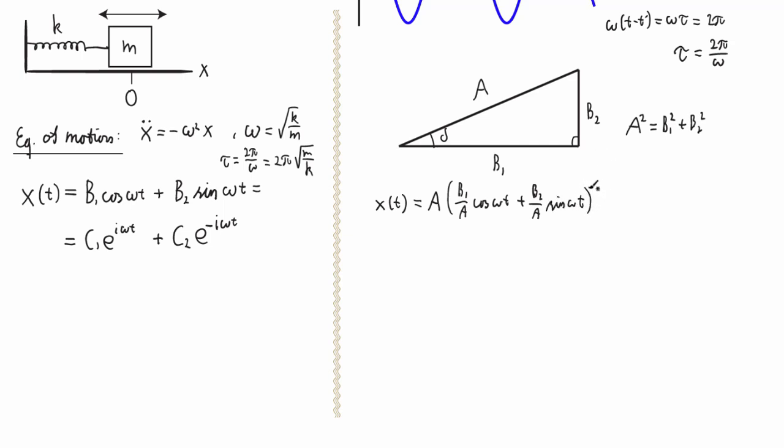Okay. Now if we look at b1 over a, well, that's just going to be cosine of this angle delta. So we can replace it in here. And same thing, b2 over a, well, that's sine of delta.